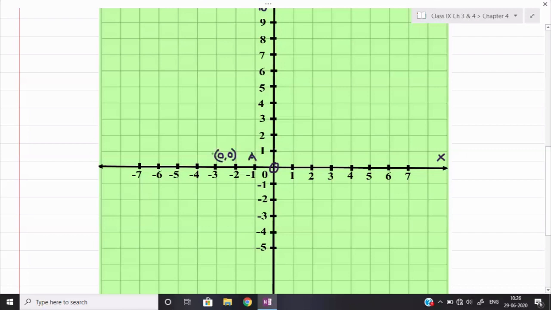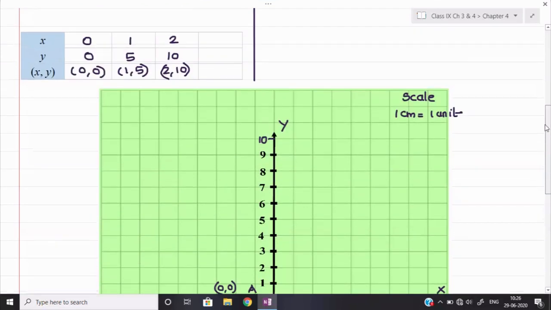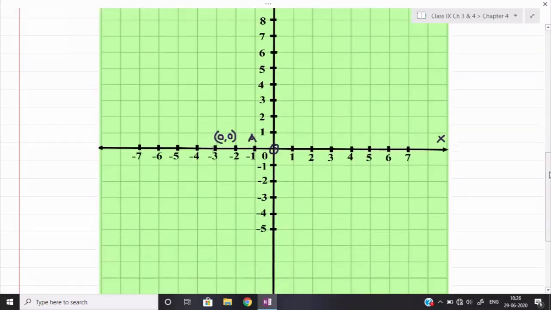Now the second one is x equal to 1 and y equal to 5. So x equal to 1 on the x axis. Where is 1? At this place. From 1 I will go up till 5. So here I will mark this as my second point, x equal to 1 and y equal to 5. So mark this point as B and write its coordinate 1, 5.